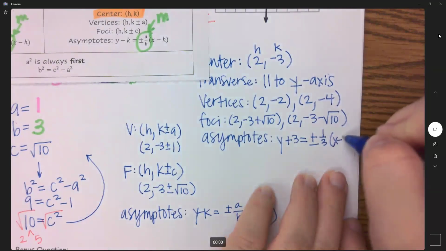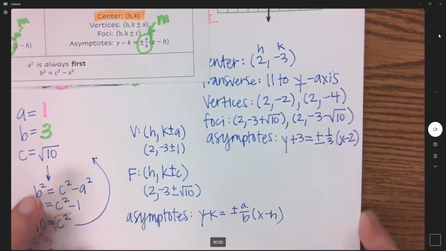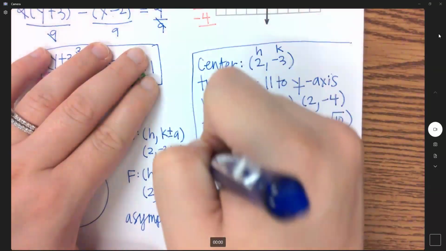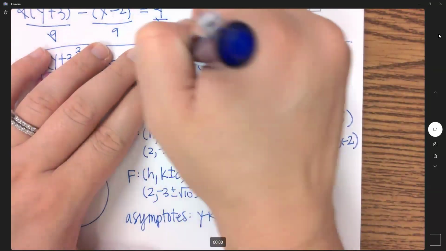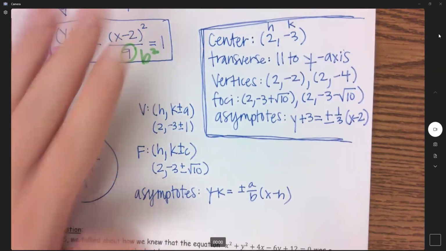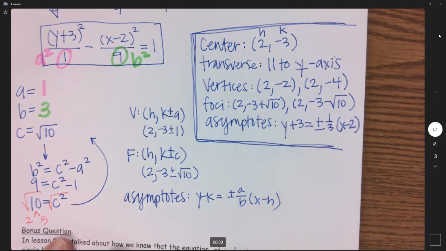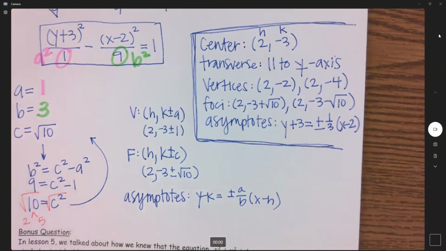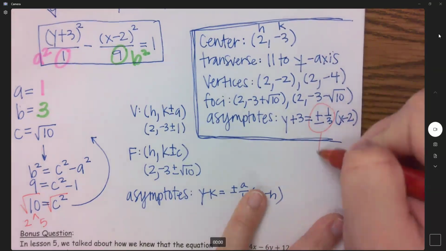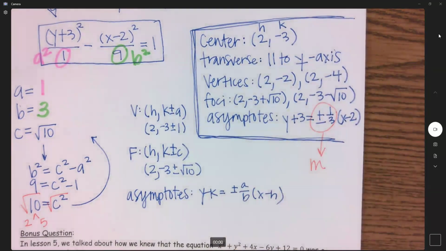So x minus 2. So here are the 5 things it asks for. Now, if it just wanted to know what is the slope of my asymptote, my slope would be plus or minus 1/3.